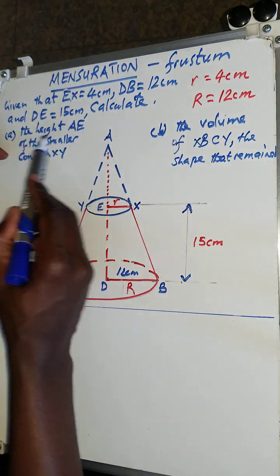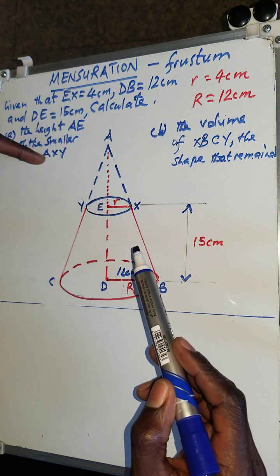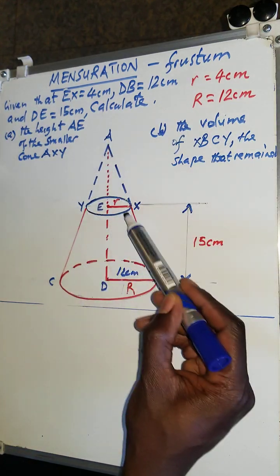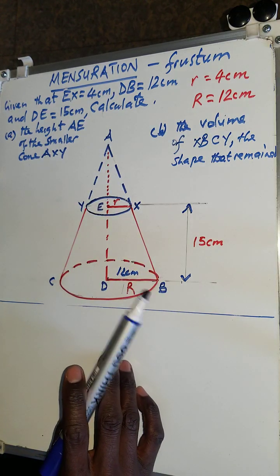And then they tell you to calculate the height AE of the smaller cone AXY. So that is AXY. Remember, this is the smaller cone that was removed. No wonder I've represented it in dotted lines.